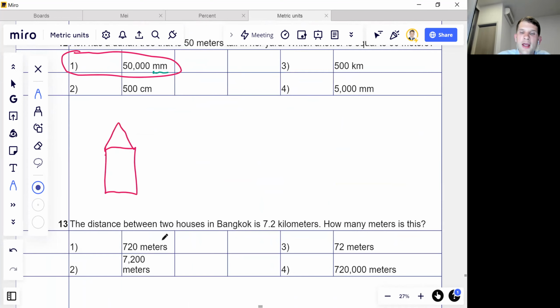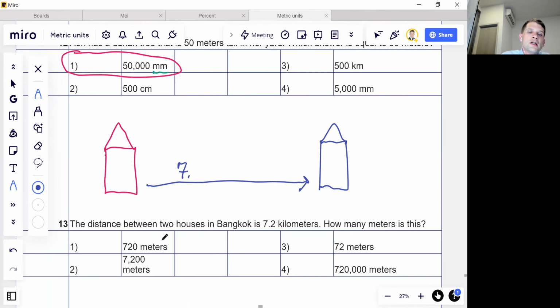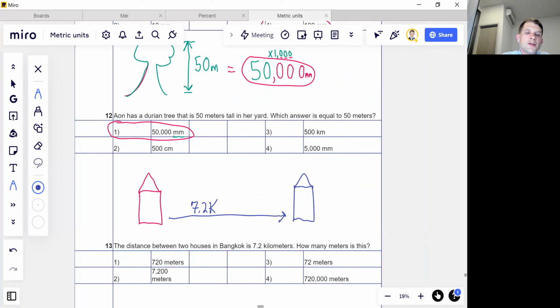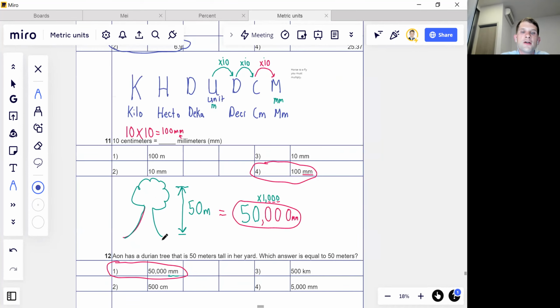Okay. And the question asks, how many meters is this? So between these two houses, we have 7.2 kilometers. And we need to convert kilometers to meters in this case. So if I'm going to go back up to my chart here, I have 7.2 kilometers, and I need to go to meters.